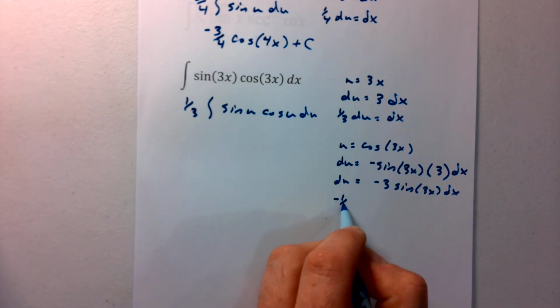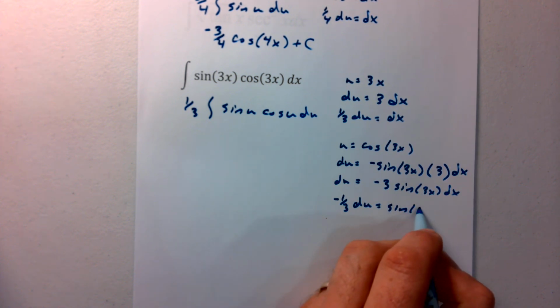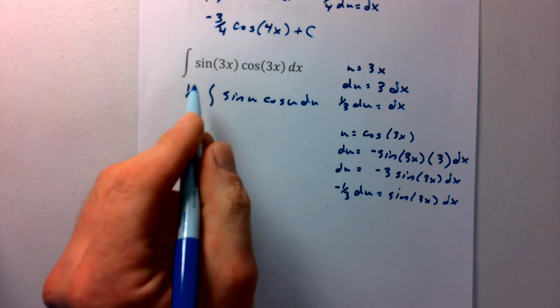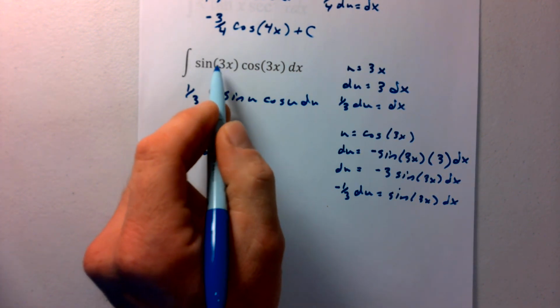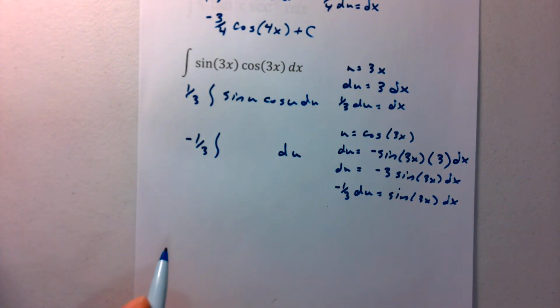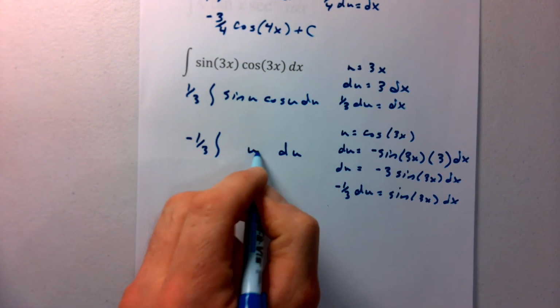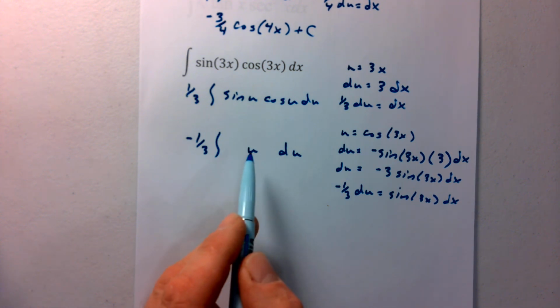So, what do we got then? Well, we have negative 1/3 du equals the sine of 3x dx. If I go ahead and do my integration then, I get negative 1/3 the integration. My sine 3x dx becomes negative 1/3 du. And the cosine of 3x, I let that be my u. So here I got the integration of just u du.